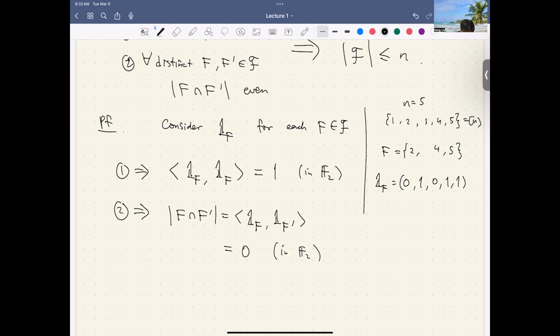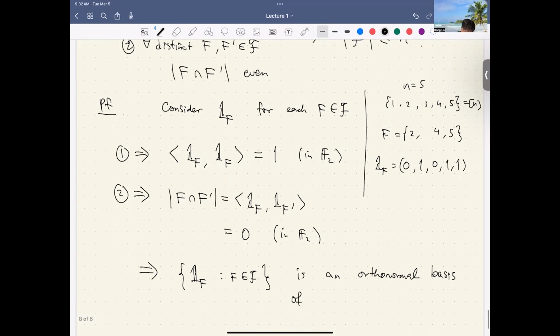That's what it says. Maybe not an orthonormal basis, just that they are linearly independent, right? They are linearly independent, because they are pairwise orthogonal.